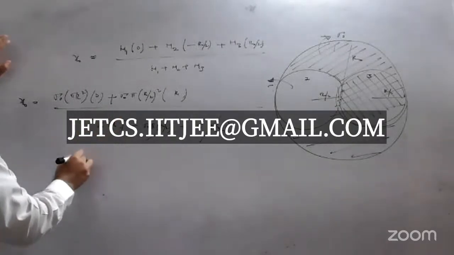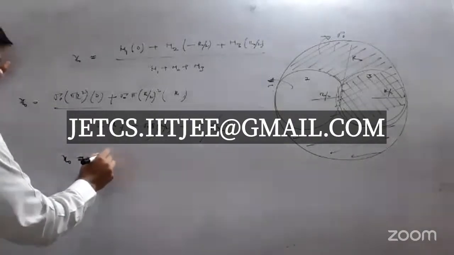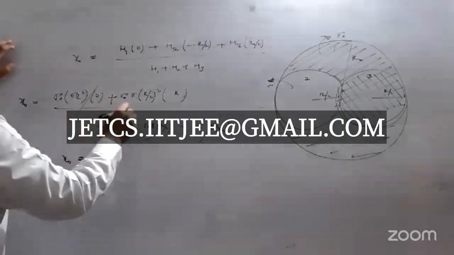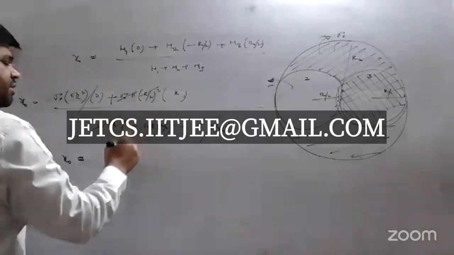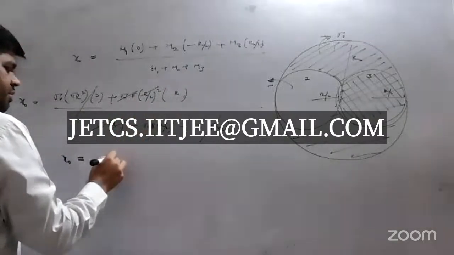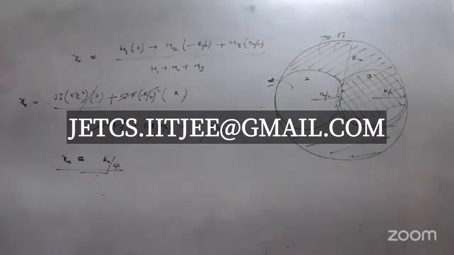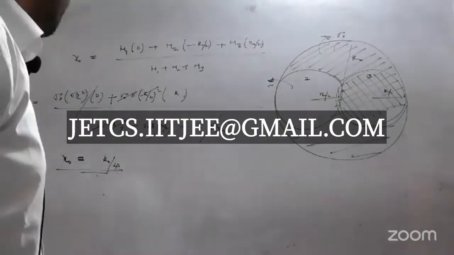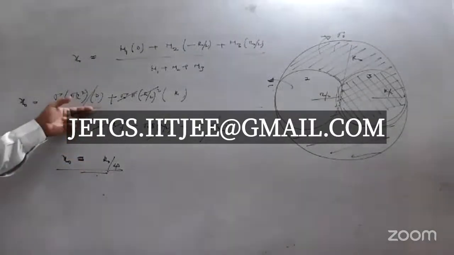So I'll have the result x naught is equal to r by 4. Let me check the answer. Yeah, r by 4, that's right. Check if it is correct, from here to here.